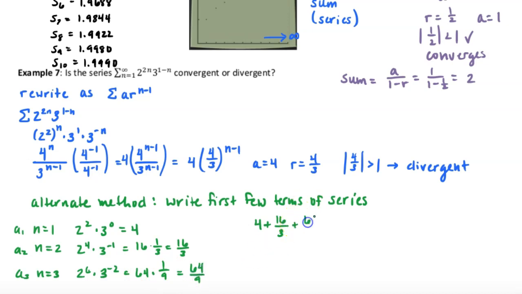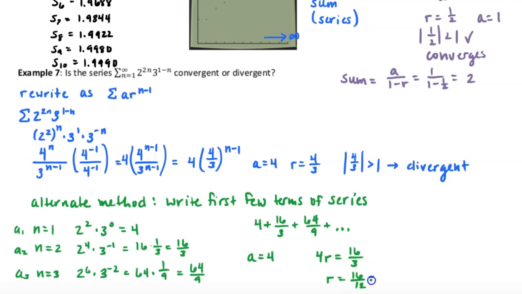So plus 64 ninths. And so I've written out the first few terms in the series. This is enough to show me that I have an A of 4. So my starting value is 4. And I can solve for my R. I can see what I have to multiply 4 by to get 16/3. And so 4 times R is equal to 16/3. Dividing both sides by 4, I get that R is 16/12.